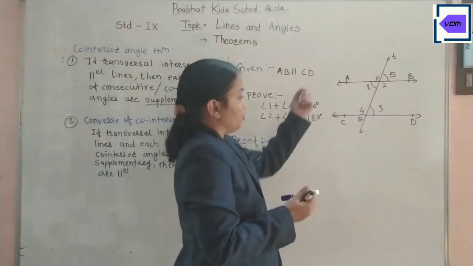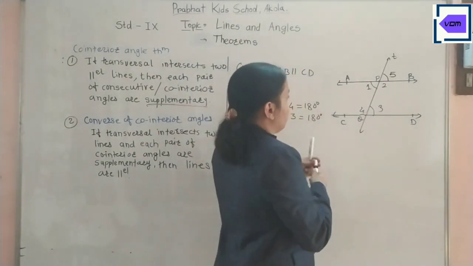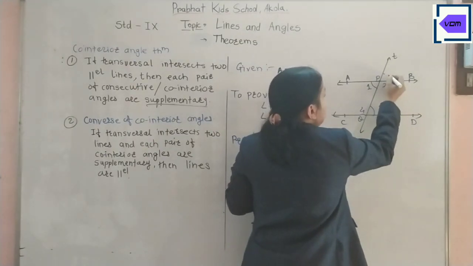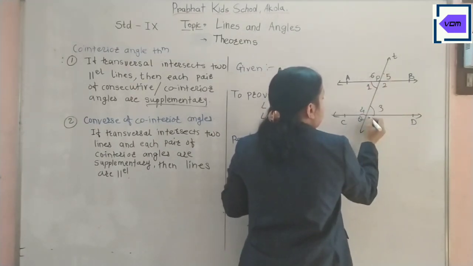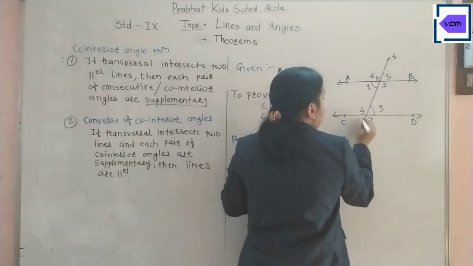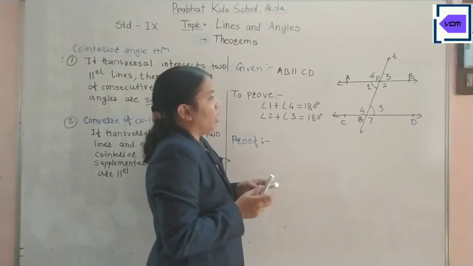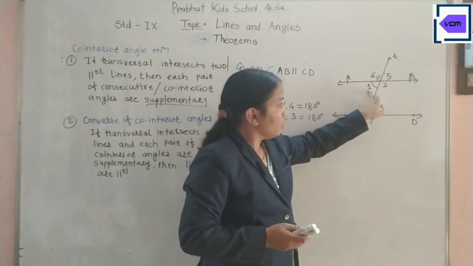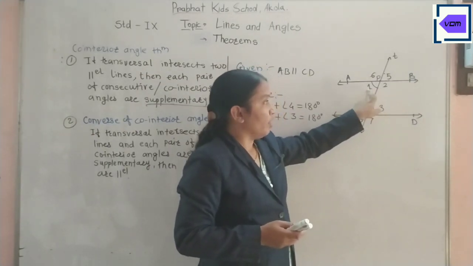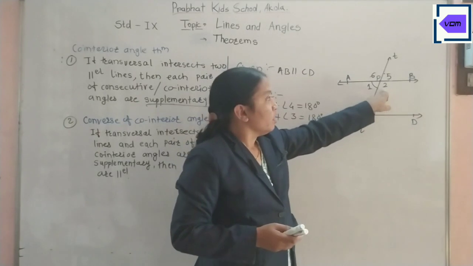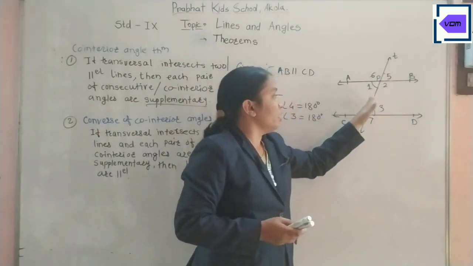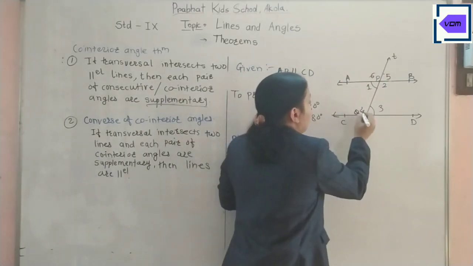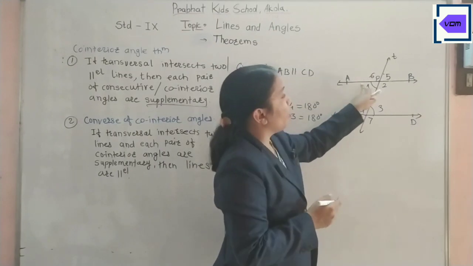Okay. Now here we will write some names, I will label the angles 1, 2, 3, 4, 5, 6, 7. This angle is 8. Now we know that angle 1 plus angle 2 is 180, because on line AB, T is intersecting, this PQ is the ray standing on AB.